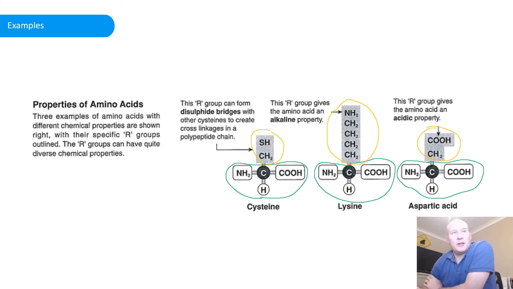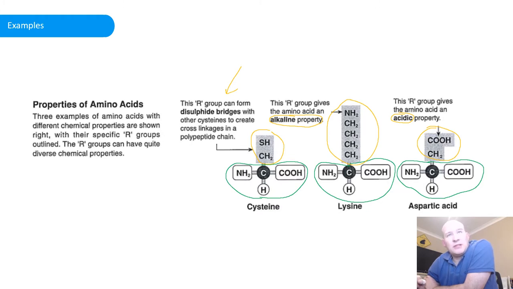You can see from the notes here that the R group can form disulfide bridges, which create cross linkages, which we'll come to in a minute. You can see that this side group gives it an alkaline property, this gives it an acidic property. So the actual chemistry of it and the atomic makeup gives it the properties of that amino acid.